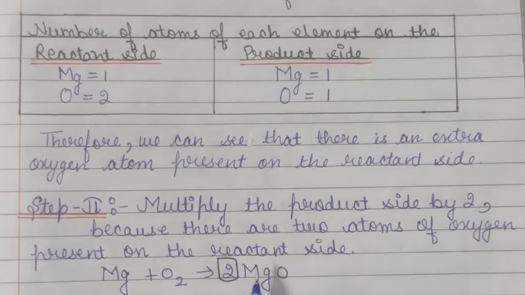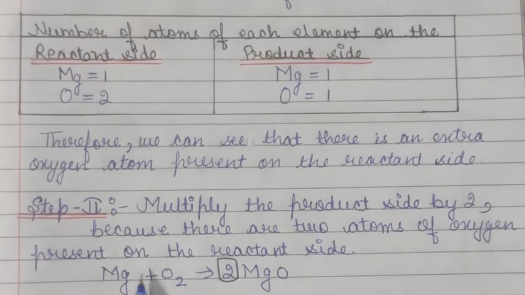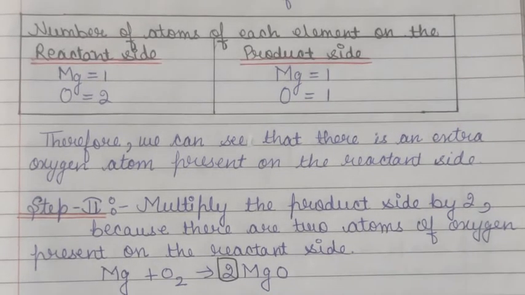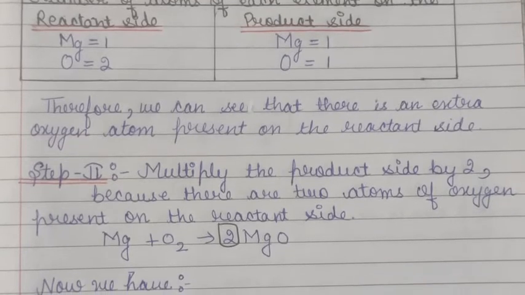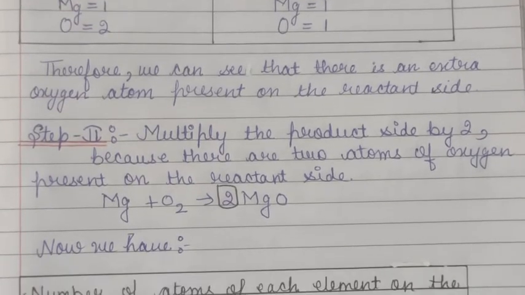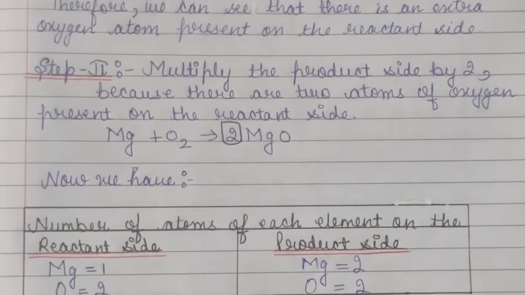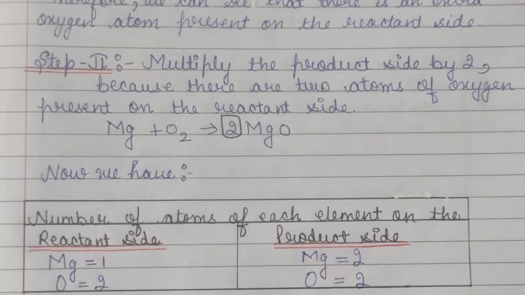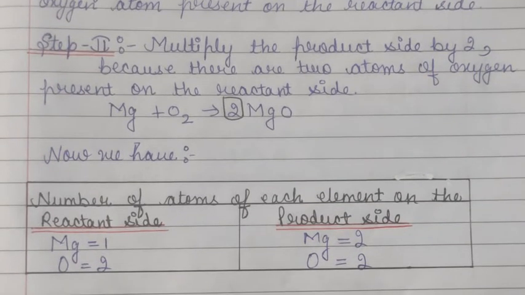On multiplying the product side by 2, the reaction would become magnesium plus oxygen gives 2MgO. Now we have the number of atoms of each element on the reactant side and product side.